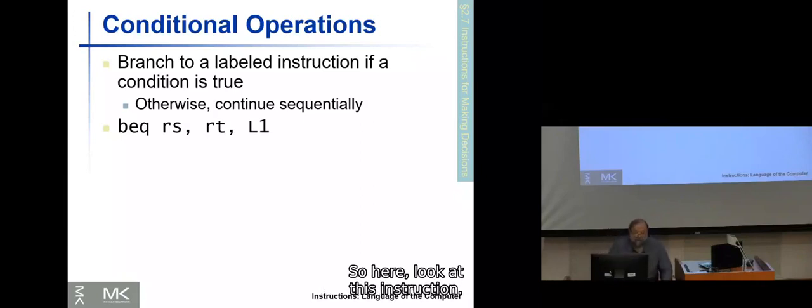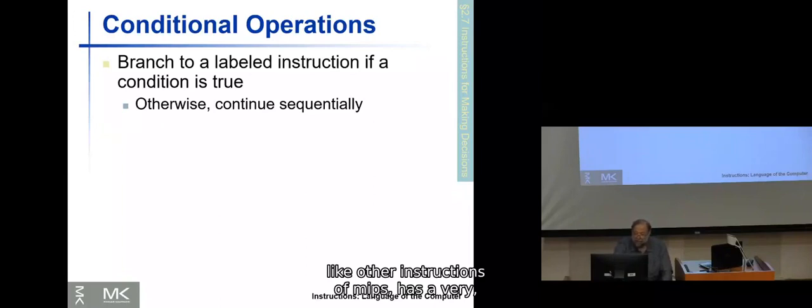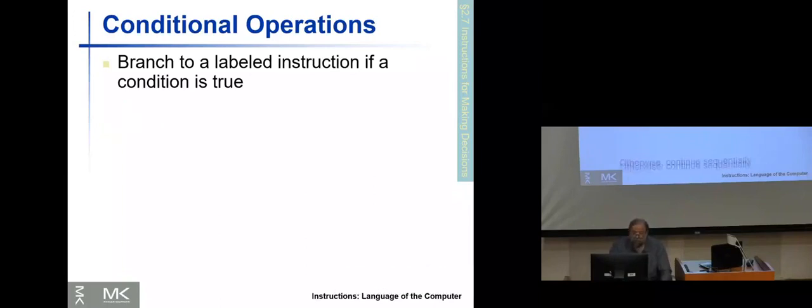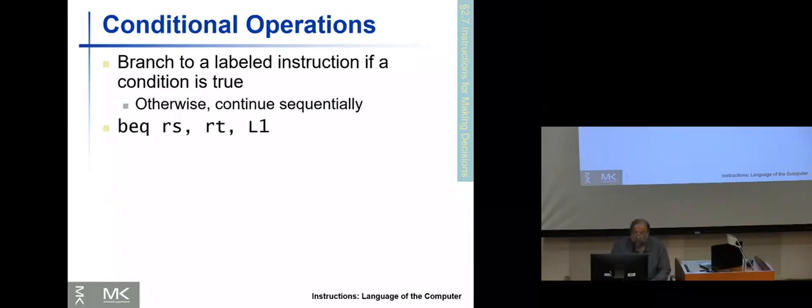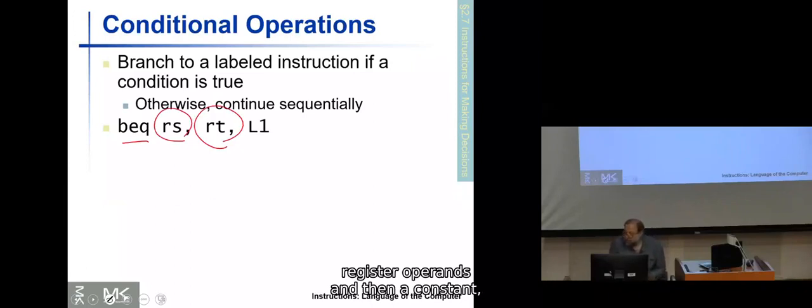So here, look at this instruction. Again, this instruction, like other instructions of MIPS, has a very regular format. The format has two register operands and then a constant, an immediate value, which we will talk about.